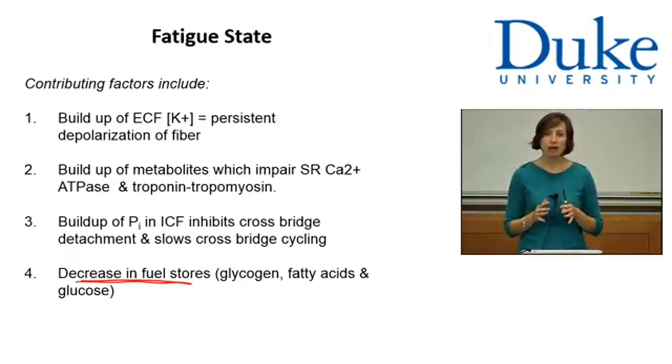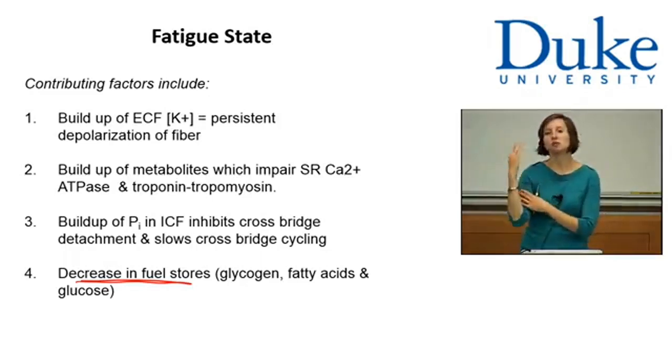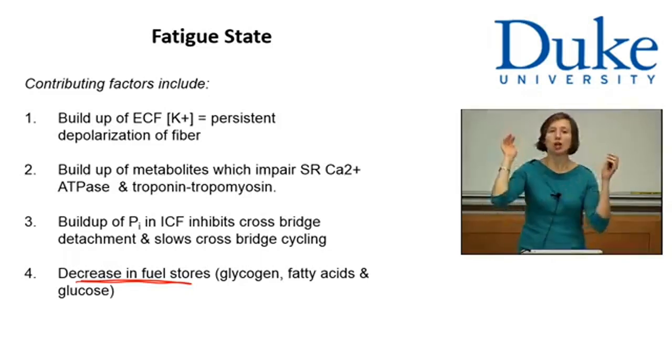However, if you think about it, if the muscle was allowed to run and continue its high performance until there was no ATP in the cell, that would be extremely dangerous to the muscle, because if we run out of ATP, we're going to go into that rigor state.